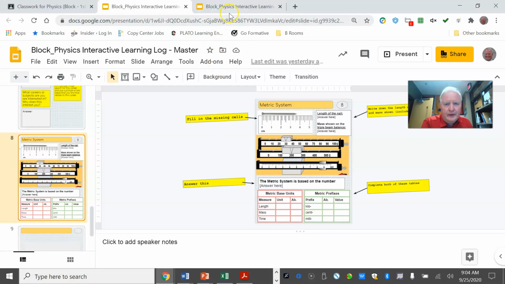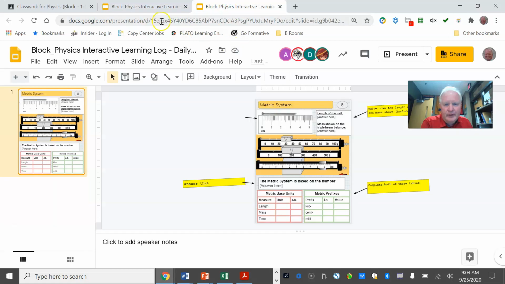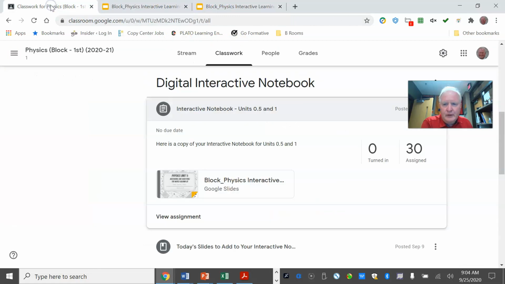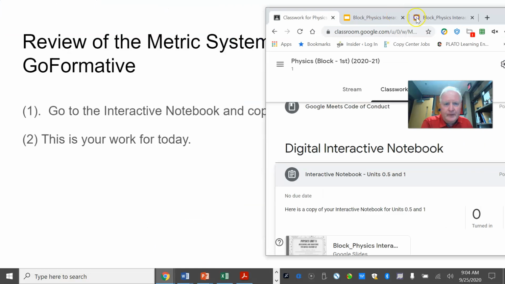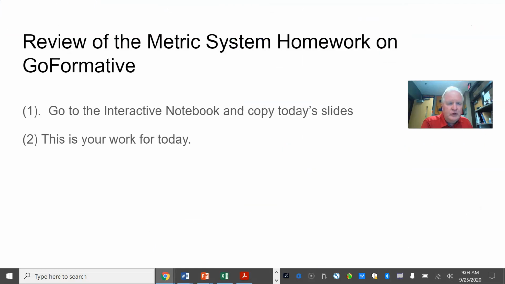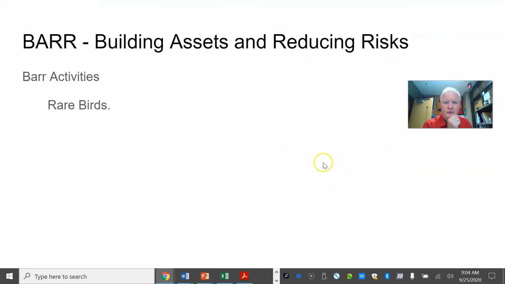And then the last thing we want to talk about is, I got to find it. Oh, here. Okay, what did we do on Thursday, Friday? And so what we did was this introduction to BAR. BAR is called Building Assets and Reducing Risks. It's our freshman program. So you guys know that we as teachers will meet to talk about each of our students. If we're having any trouble, then the teachers will advise us.